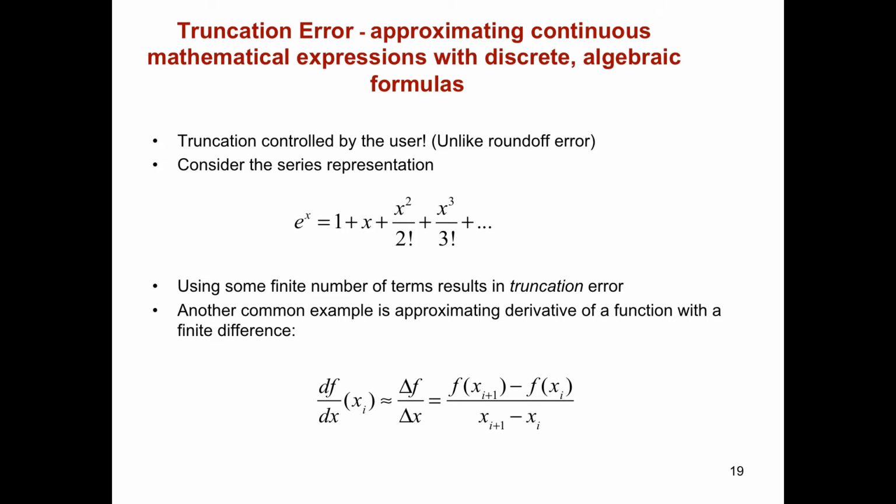By necessity, I will only compute a certain finite number of elements in this series, and I'm going to add them up. So no matter what, I'm going to chop off part of this formula. I will look at the error that results, and I'm going to call it truncation error.